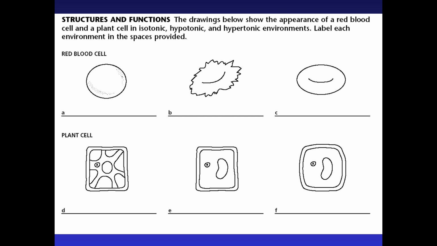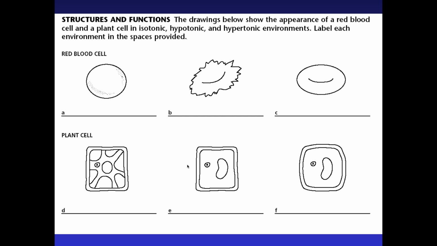Can we guess? So these are plant cells at the bottom. Remember, the thing with plant cells is they've got that cell wall around them, right? Plant cells really want to keep their water. So one way they can do it is with the cell wall that provides a little bit of extra protection from water loss. But if we look at it, which one looks like a normal cell, and which one looks like kind of a stressed out plant cell?